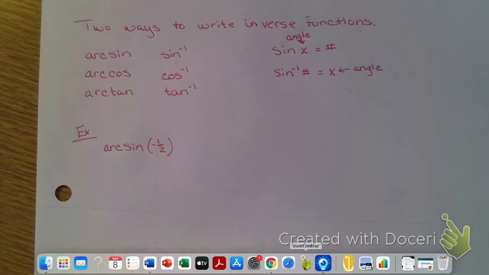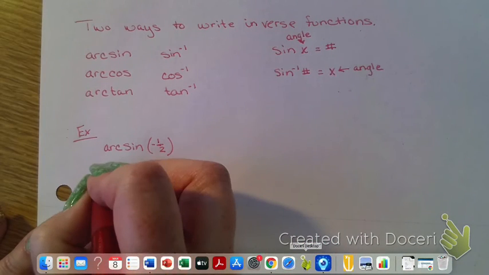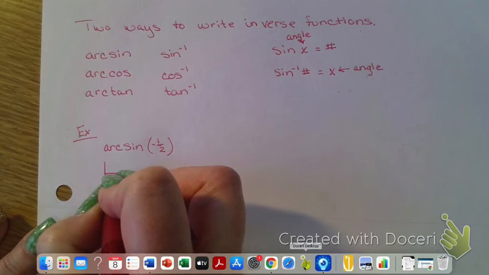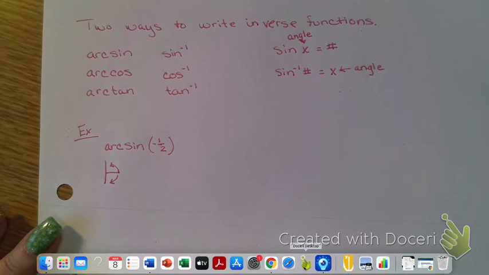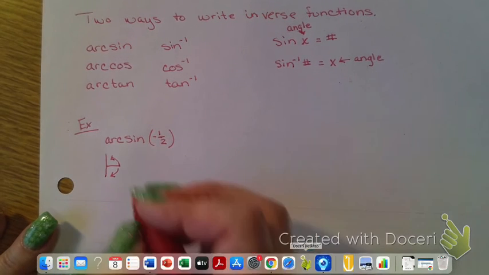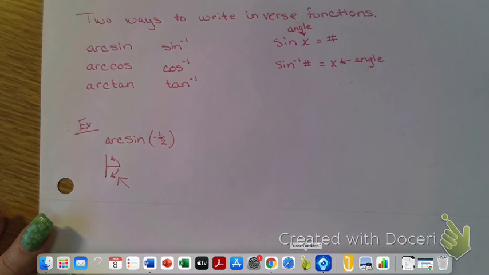Got me? Okay. So, sine is what in what quadrant? Sine is first and fourth. It's negative, so which quadrant are we in? We are in the fourth. So, we're right here. So, you know where the sine is 1/2 at.